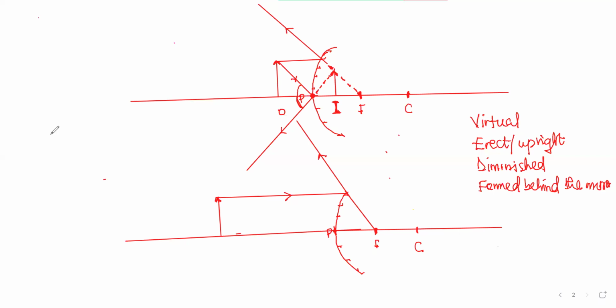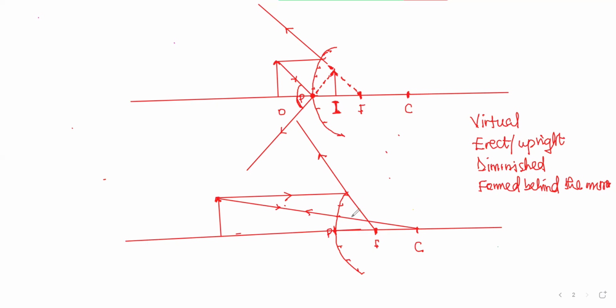Then a ray of light from the object which is hitting the mirror at 90 degrees would appear to be passing through C. So the moment you see the ray passing through C or appearing to pass through C, then it means the ray is hitting the mirror at 90 degrees.